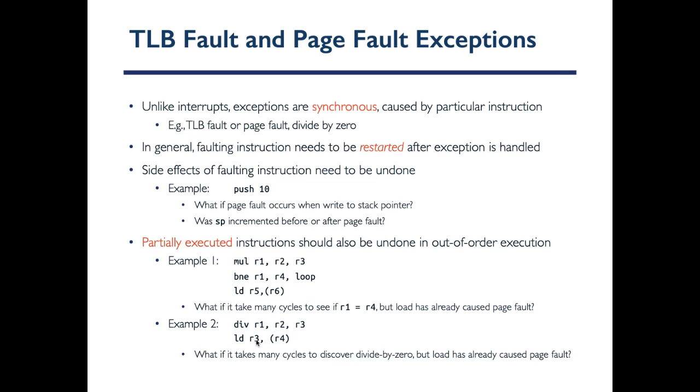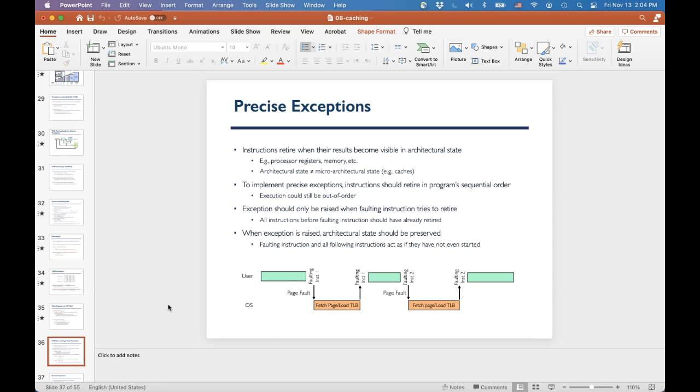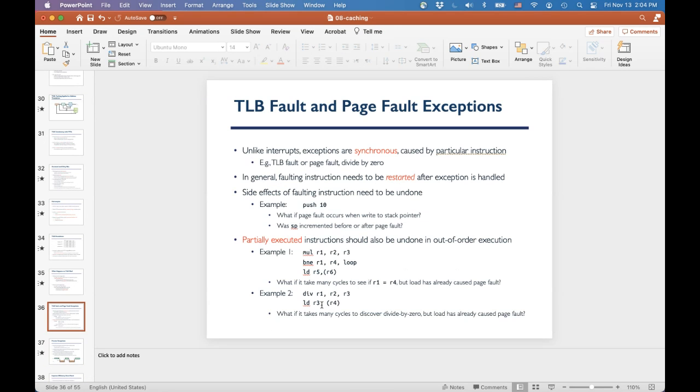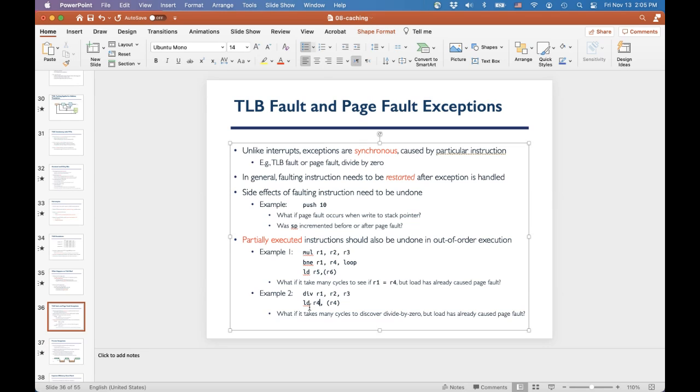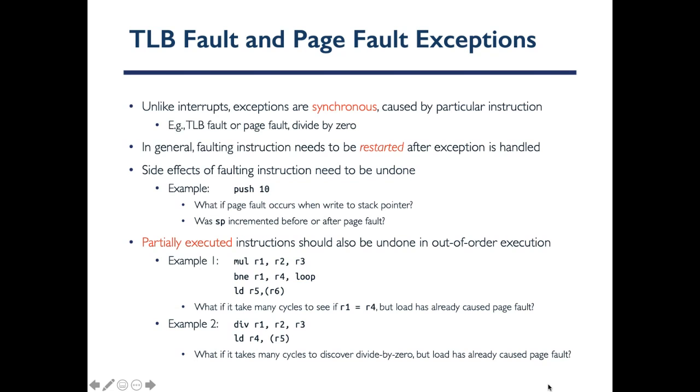Let me change this so that there is no dependency whatsoever, so that we allow the hardware to execute them out of order. So let's say this division takes time, so let me execute this load, and let's say this load actually causes a page fault. What should I do at this point?